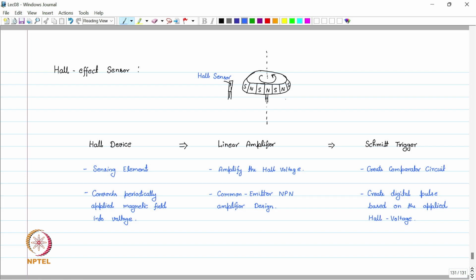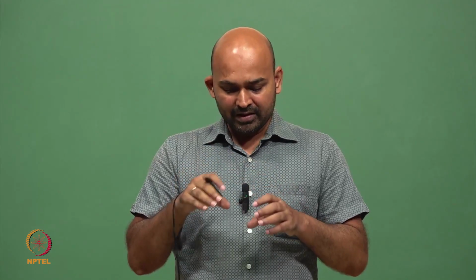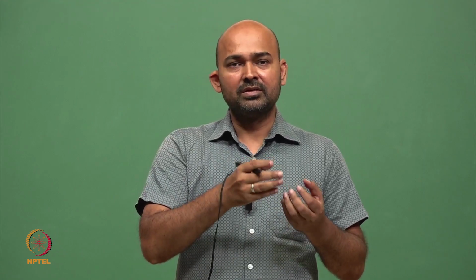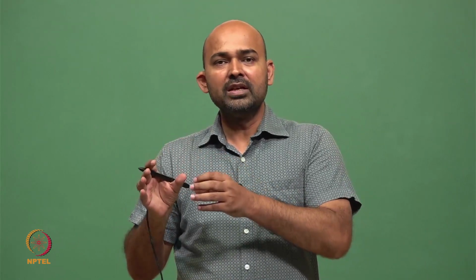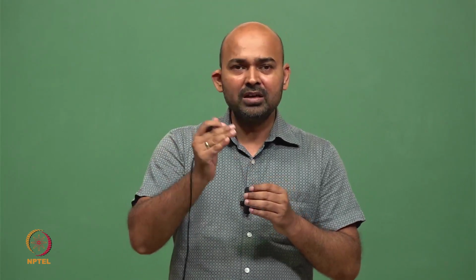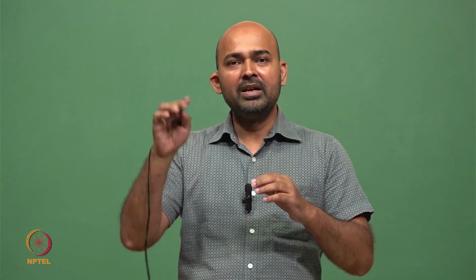So this is the complete system, where we have a Hall device which converts flux to a small magnitude of voltage. This is followed by an amplifier which boosts the signal from a few millivolts to volts, and then we use a Schmitt trigger. A Schmitt trigger is nothing but a kind of comparator. Let's assume the reference value is 0, so anything below 0 will be treated as 0, and any voltage above 0 volt will be treated as 1 volt.